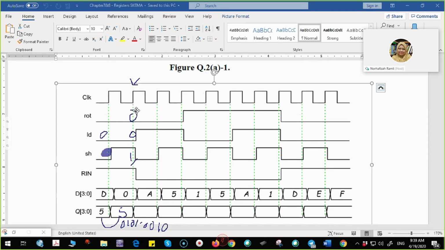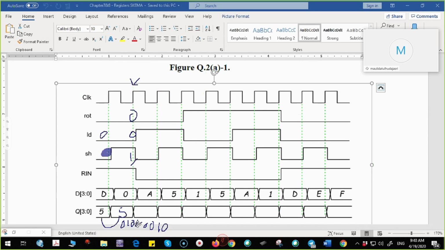At the next clock, here is 0. Load is 0, so you don't load. This is 1, shift, so we shift right. When you shift right, the MSB will take the value of R in.